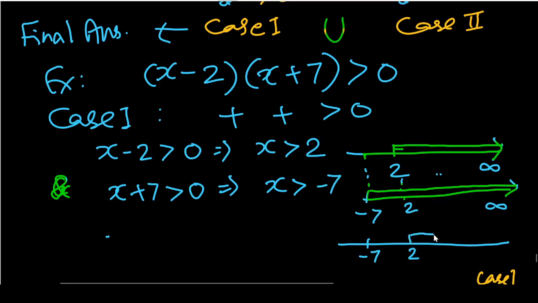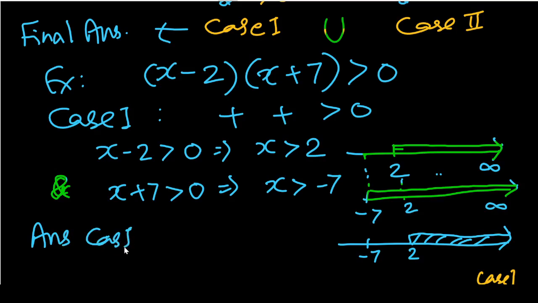So the intersection would be +2 to infinity in this case. Okay. So the answer of case 1 is x greater than 2. This is the answer of case 1.